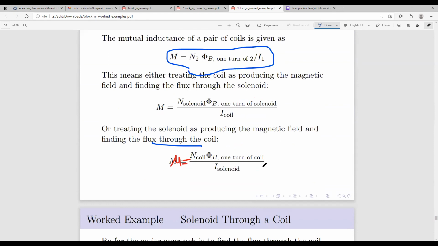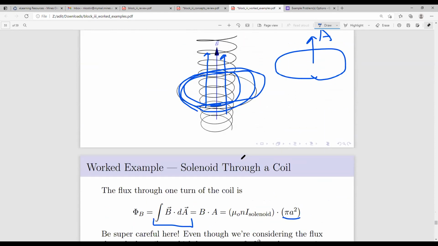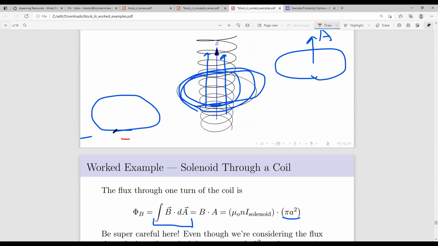Well, the reason why I'm using A instead of B there is because the magnetic field produced by a solenoid is 0 outside of a solenoid. So even though I'm trying to find the flux through this whole entire circular coil shape, the only portion of the flux that I care about is the portion contained by that area of radius.